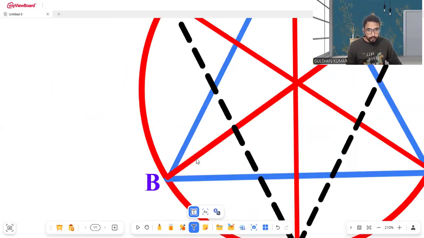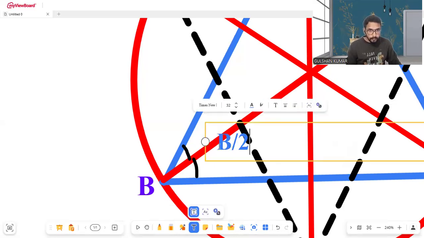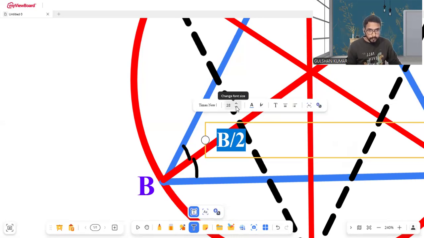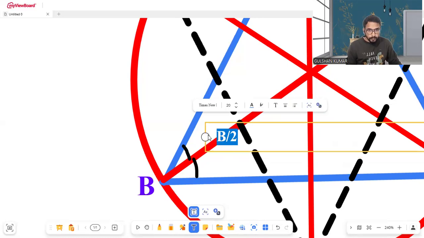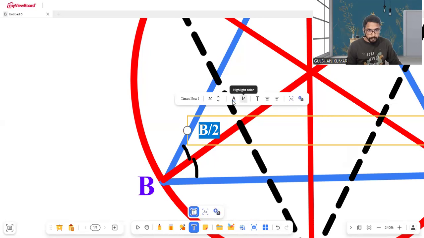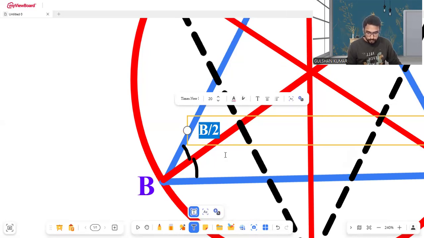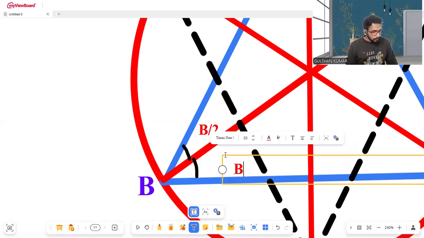And now this one will be B by 2. So this one and this one are also B by 2. Mentioning these, this will be B by 2, and also this one will be B by 2. Clear?